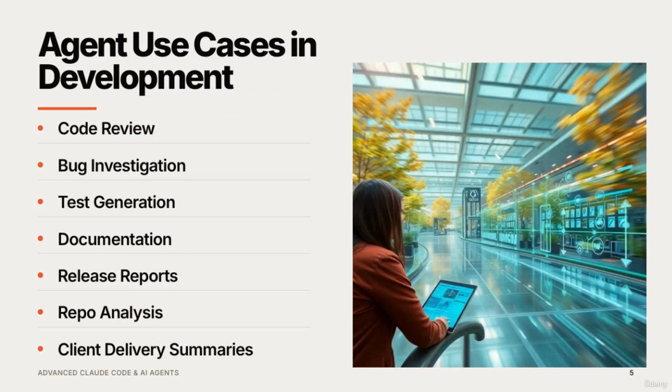Here, we're focusing on the various use cases of agents in software development. One key area is code review, where agents can help automate the process of checking code quality and adherence to standards, making reviews faster and more consistent. Then there's bug investigation. Agents can assist in identifying and diagnosing issues more efficiently by analyzing error logs and system behavior.